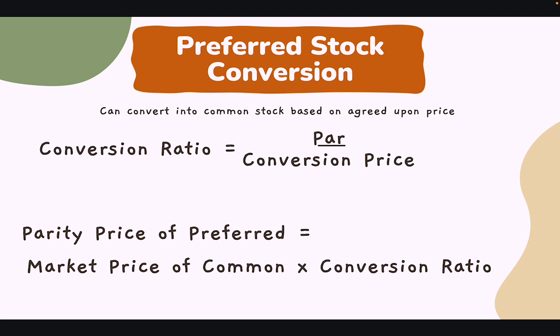This needs to be made into an index card. Parity price of preferred is the market price of common times the conversion ratio. Expect to get questions on this. And all you have to do is have these formulas known to you, and you will be absolutely fine.